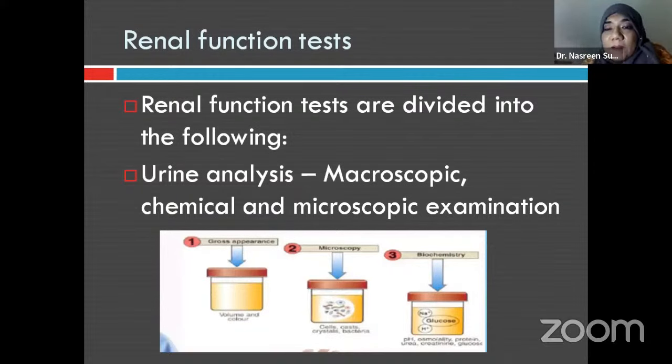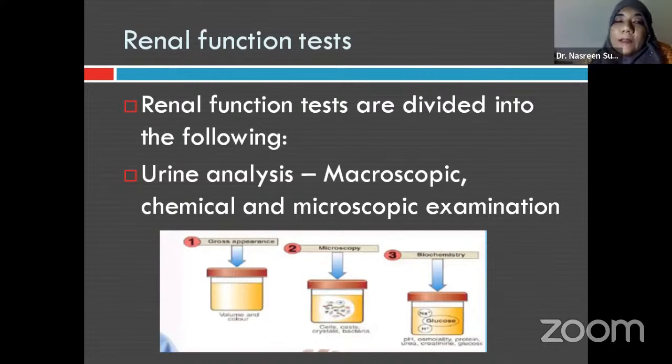The last one is microscopic examination, whether any microorganisms were present, and which ones. Then in the same report you will get which antimicrobial agent these microorganisms respond to.